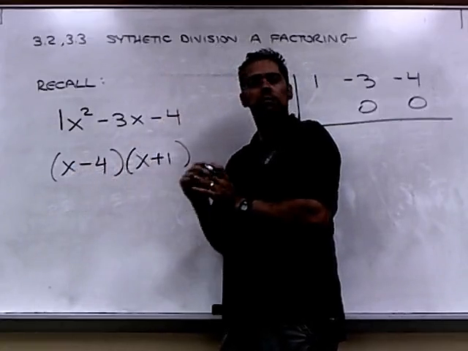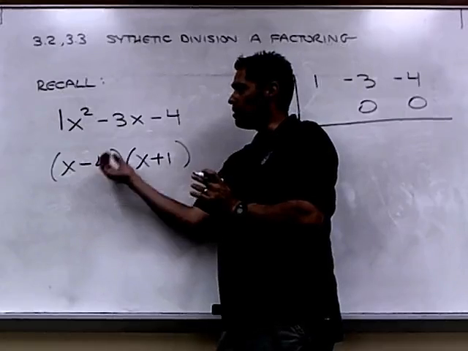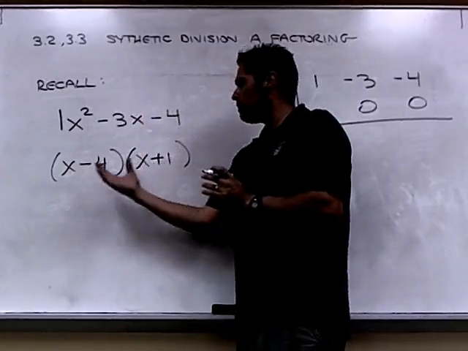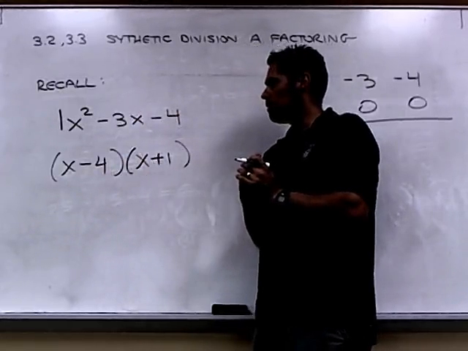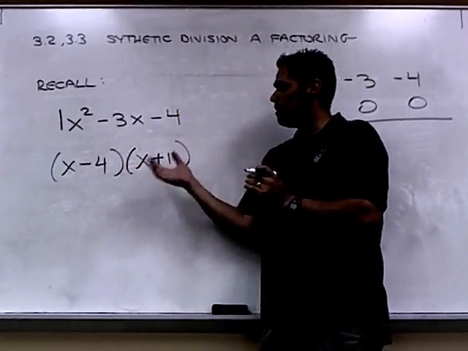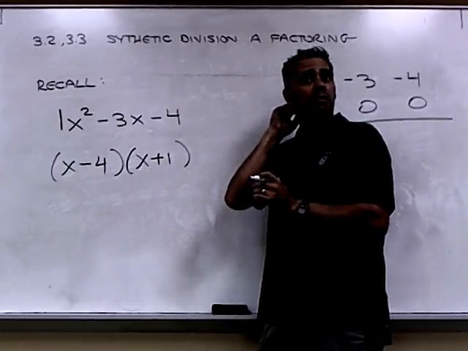What's 4 minus 4? 0, right? If I plug 4 in here, I should get 0. What other number should I plug in and get 0? Negative 1. If I make that negative 1, that should be 0 also, right?